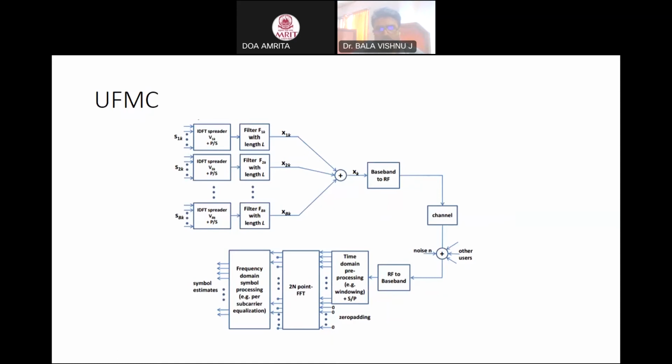Instead of that, we can have a group of subcarriers and design a filter for that group. If you pass that group of subcarriers through a filter, it gives a better PAPR, and we can reduce the complexity of the system design. So this is the advantage of UFMC over FBMC.